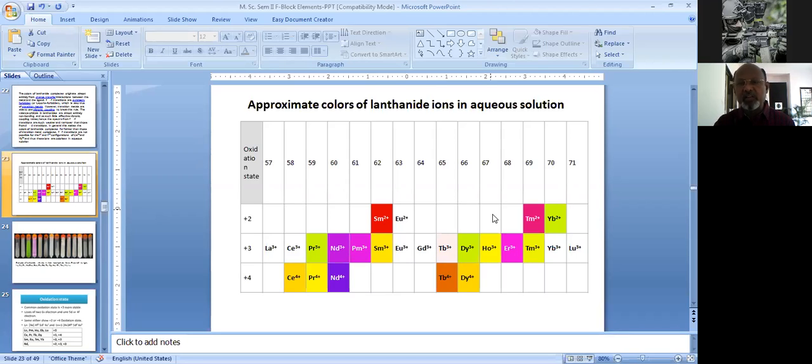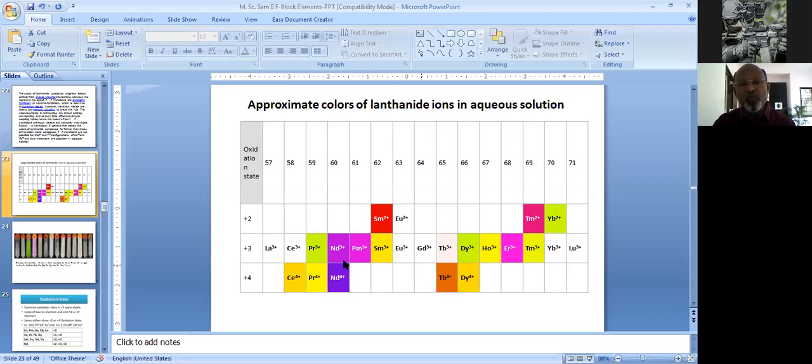If we proceed further for +2 oxidation state, which is shown by thulium, atomic number 69, thulium in +2 oxidation state is pink in color, while in higher oxidation state, thulium +3, it is somewhat yellow in color. If we look at ytterbium, atomic number 70, the last but one element, it has a greenish yellow color in lower oxidation state, that is for +2 oxidation state ytterbium. But in higher oxidation state, it is colorless.